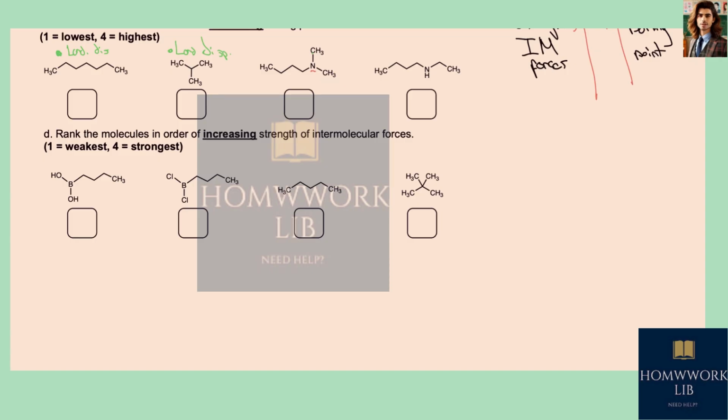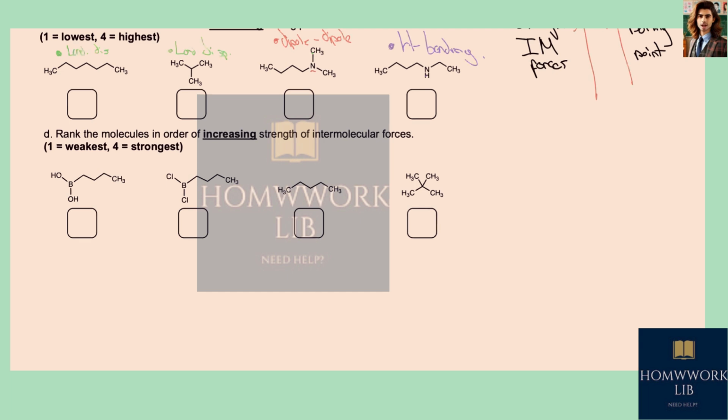So over here, the intermolecular force that is going to dominate is the dipole-dipole interaction because of these polar bonds that I just mentioned. And finally, we're going to get an NH part over here. So this means that we're going to have hydrogen bonding.